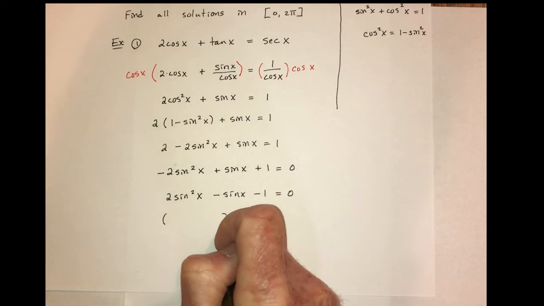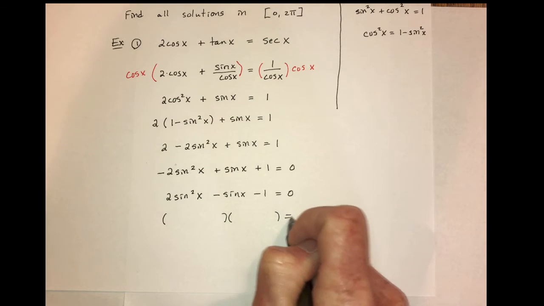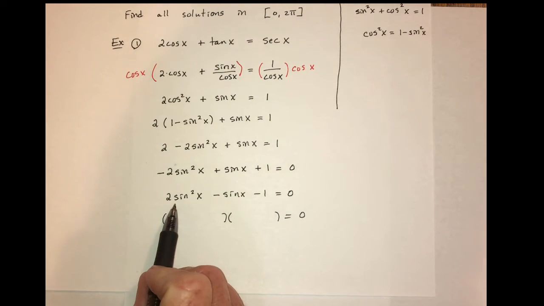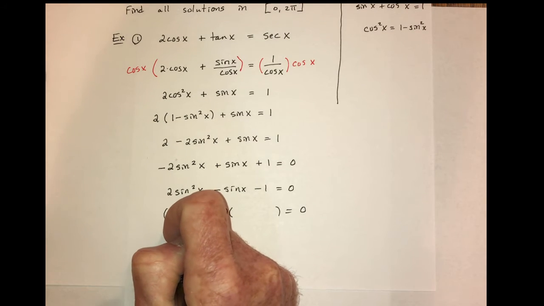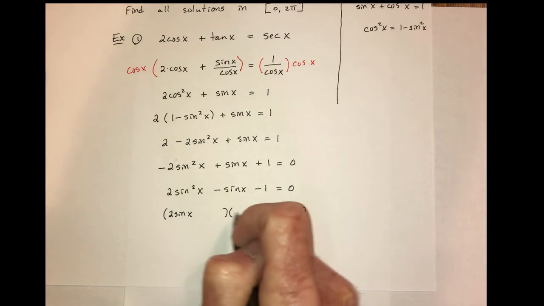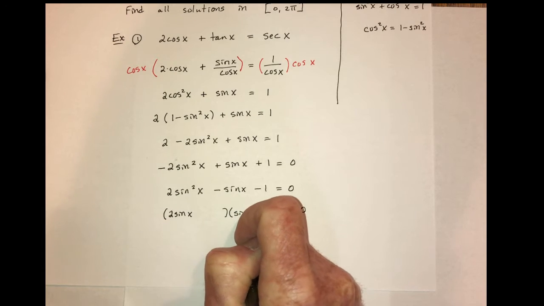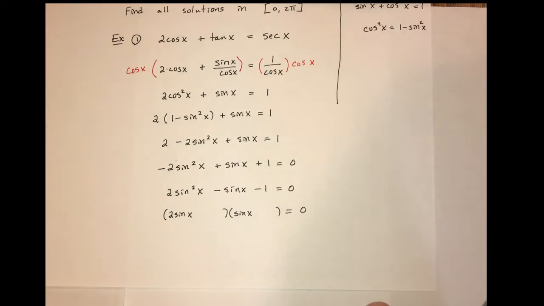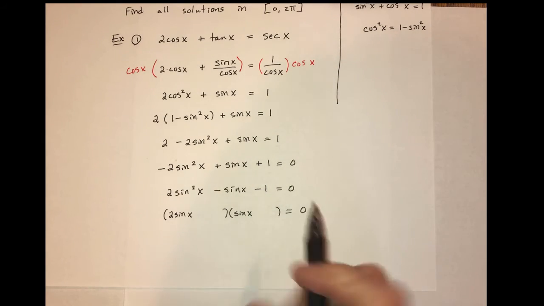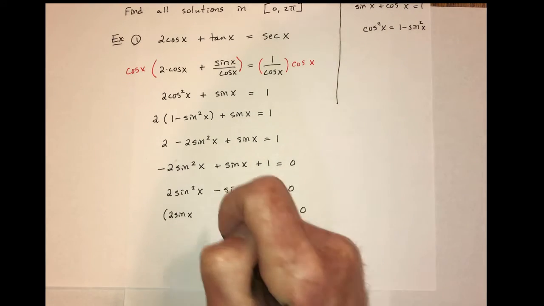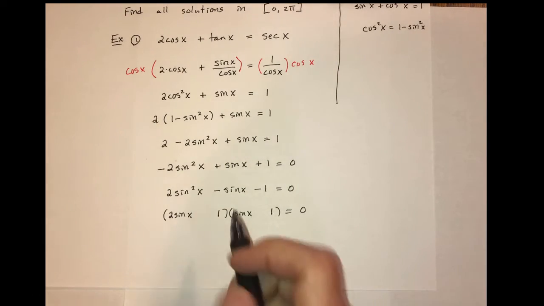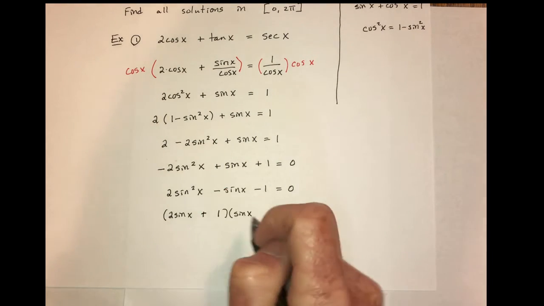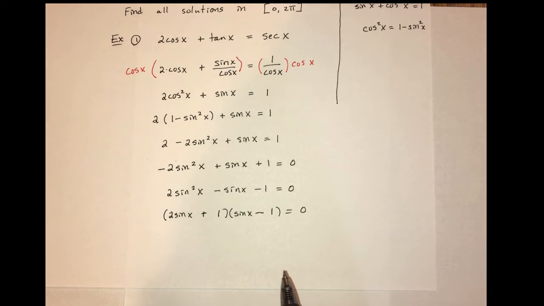So this is going to factor. And in order to get a 2 sine squared, that would come from having a 2 sine of x times another sine of x. And then in order to get a 1, that would come from a 1 times a 1. And then these two signs need to be plus and minus.